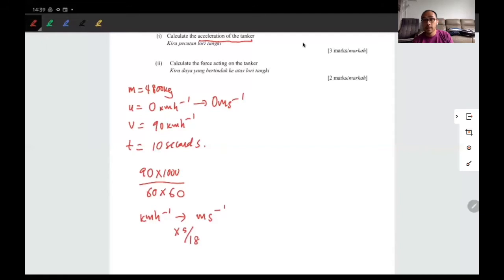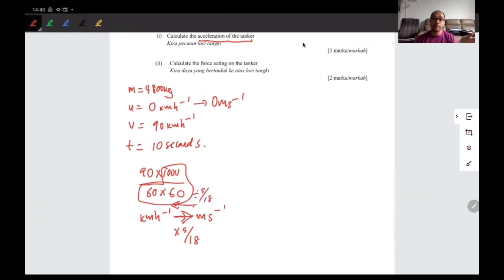I'm just going to give you this short hack. Kilometers per hour change to meters per second, just multiply by 5 over 18, because 1000 divided by 3600 is 5 over 18. So to change from meters per second to kilometers per hour, divide by 5 over 18. But this is rare.